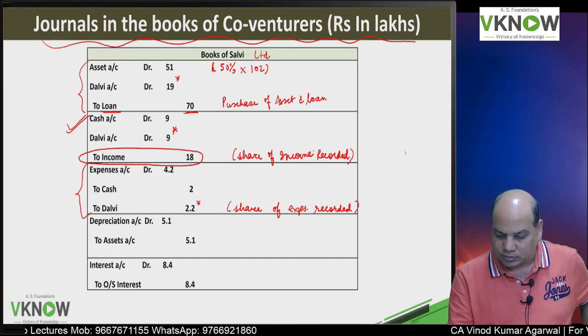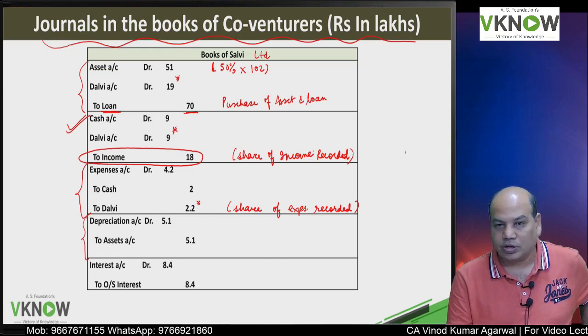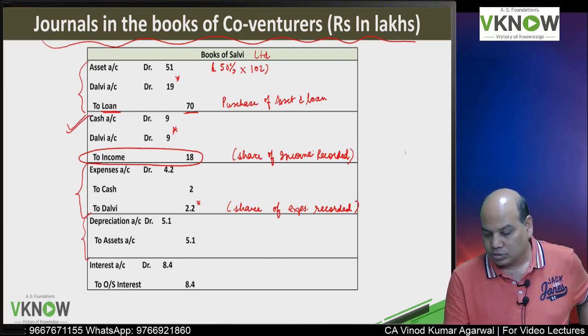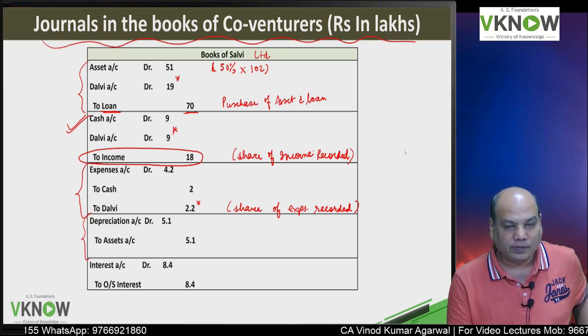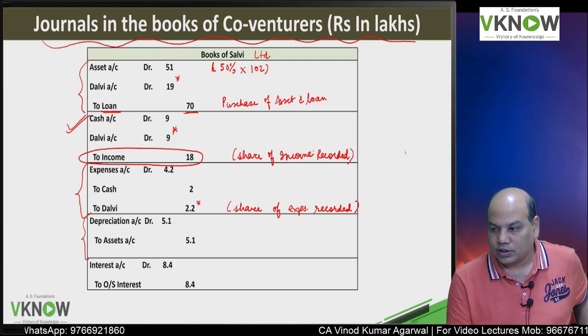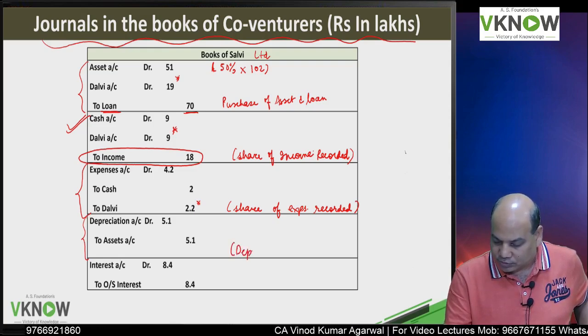Then depreciation. Next entry is for depreciation. Depreciation account debit 5.1 to asset account 5.1. Depreciation charged, your share only.